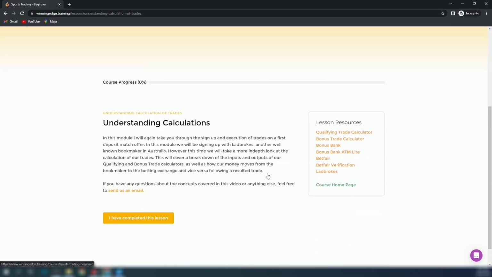This time we're going to be taking a more in-depth look at the calculation of our trades, and to do this we're going to take a look at how our money moves following a resulted trade, and more specifically how it moves differently depending on whether your bookmaker bet wins or whether your betting exchange bet wins. At the same time, we'll also be looking at the terms stake returned and stake not returned and how they relate to qualifying and bonus trades.